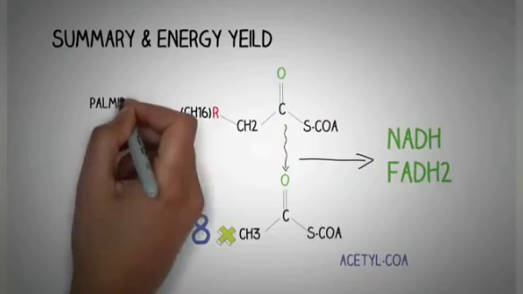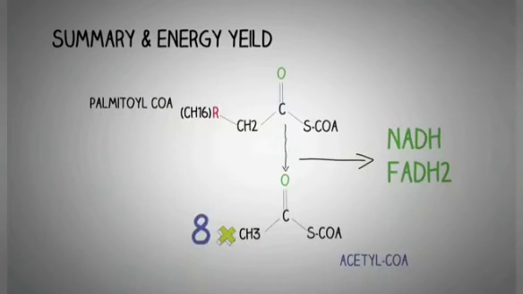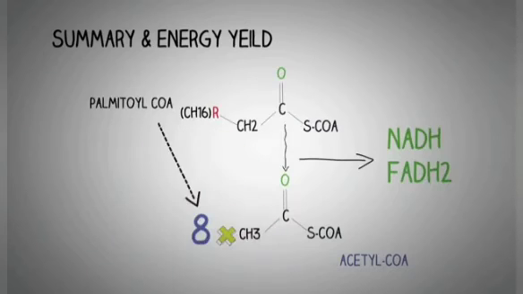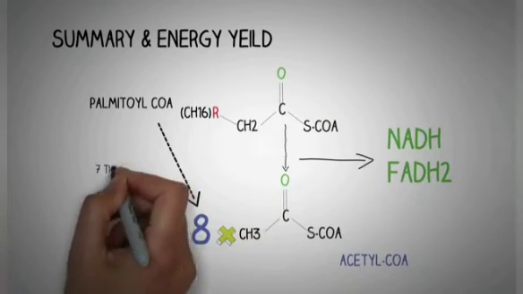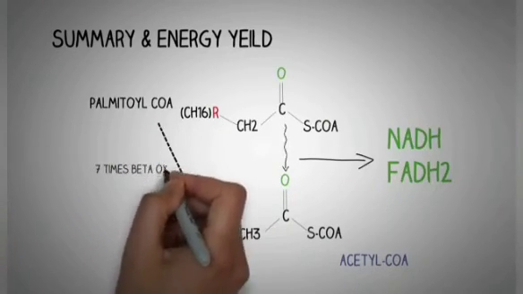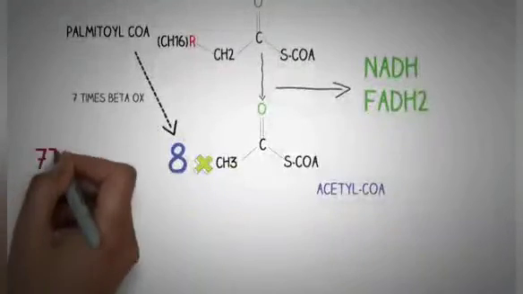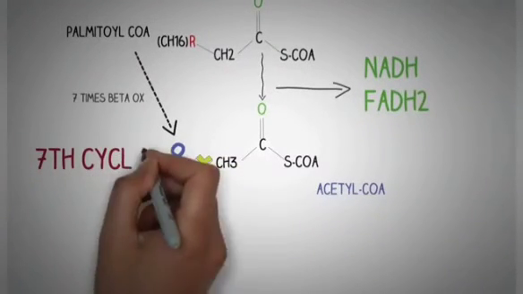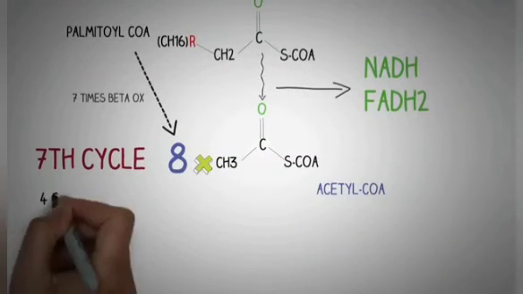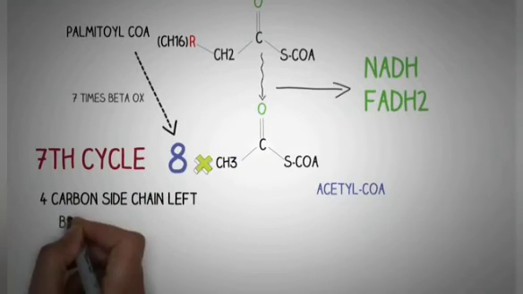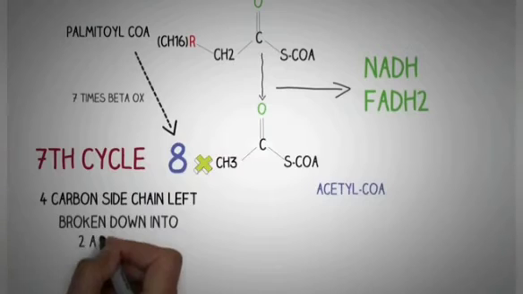Now for a 16 carbon fatty acid, the palmitoyl-CoA, to be completely broken down into 8 molecules of acetyl-CoA, it has to undergo 7 cycles of beta oxidation. During the 7th cycle of the beta oxidation, a 4 carbon side chain is left which is completely broken down into 2 molecules of acetyl-CoA.